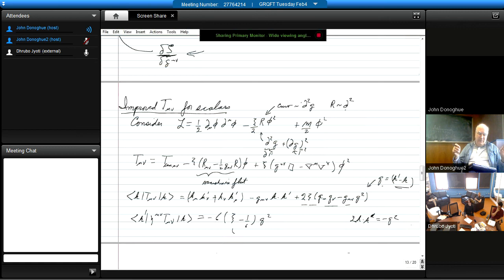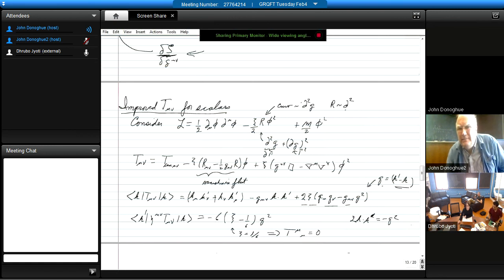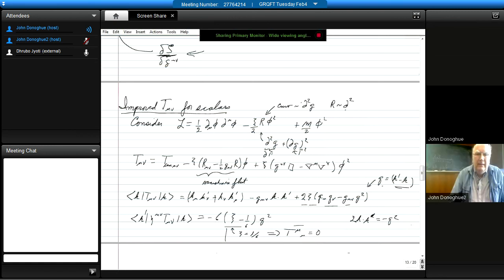So in this particular form, c equal to a sixth implies that the T mu nu is traceless, T mu mu is 0, and this plays a role in anomaly discussions. It's coming up later.